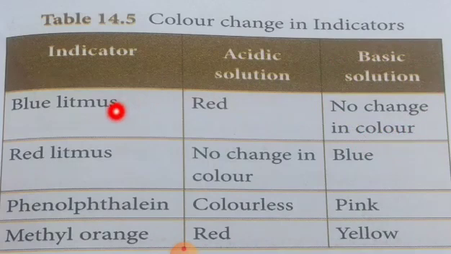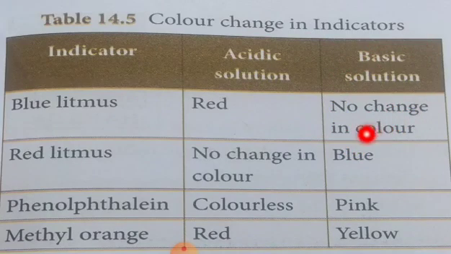These indicators are used to identify whether the solution is acid or base. When blue litmus turns red in color, that solution is acid. Suppose the blue litmus is dipped in the solution and there is no color change, that type of solution is basic.